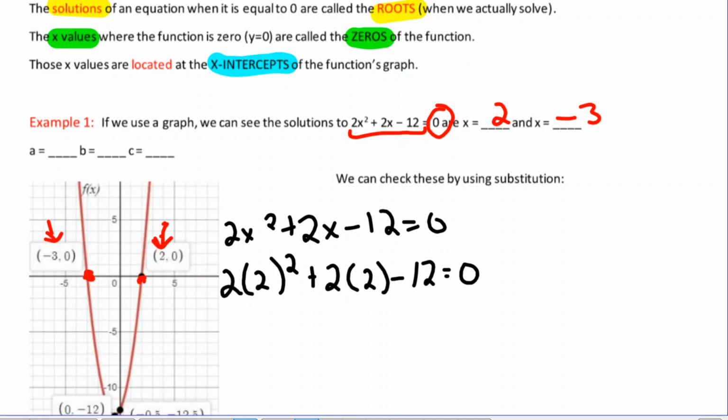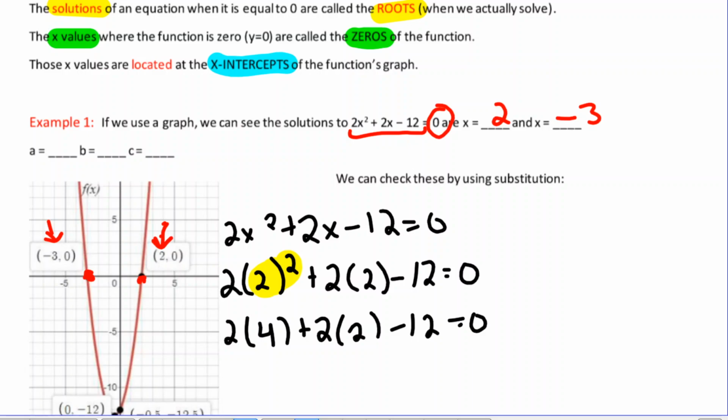So I follow my order of operations. I follow BEDMAS. I'm squaring the 2 first, right? 2 squared here. Exponents come first before any of my other operations. 2 squared is 4. Plus 2 times 2 minus 12 equals 0.